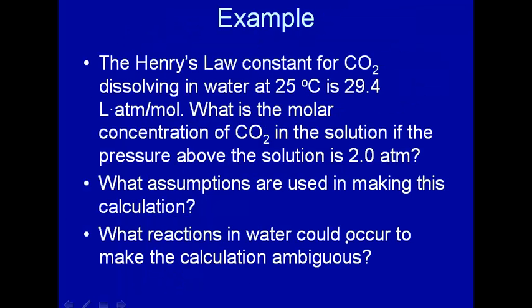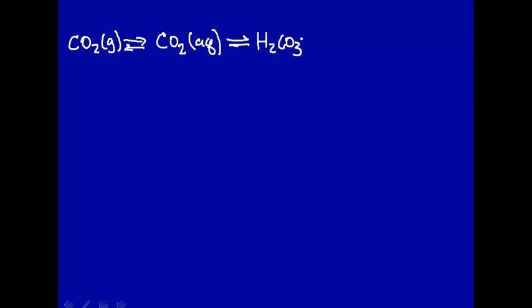What reactions in water could occur to make this calculation ambiguous? So carbon dioxide as a gas can dissolve in water. These are all equilibrium steps to make carbon dioxide aqueous. But then there's a chemical reaction that occurs, carbon dioxide with water, to make carbonic acid, which then dissociates into, at a neutral pH, H+ and a bicarbonate ion, HCO3-.